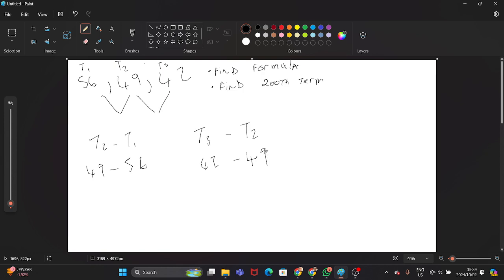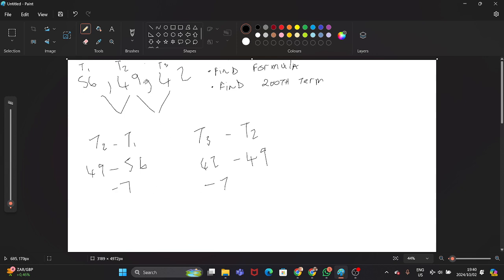And we can see we get a constant difference of -7 over here, and -7. So we can see we have a constant difference of -7, right?